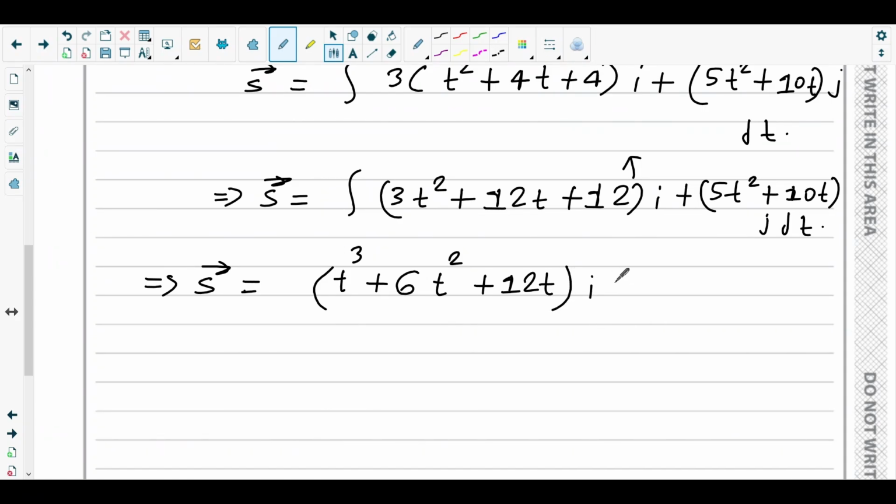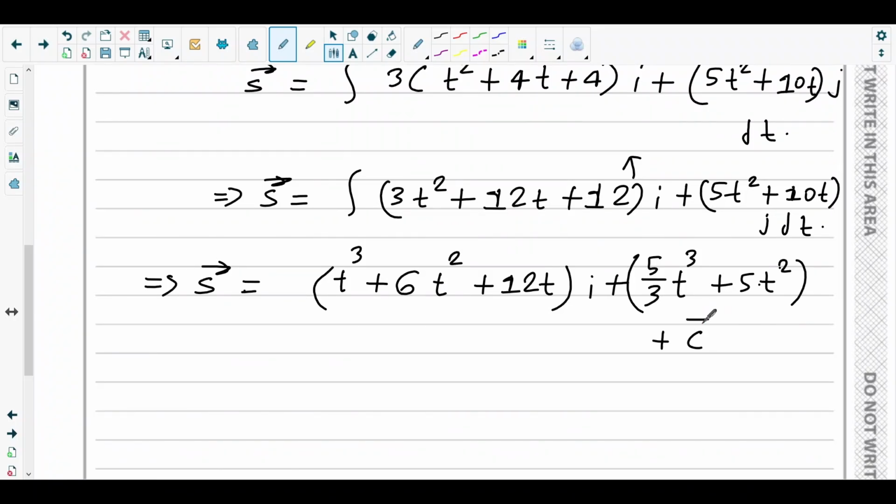Okay, i. Then 5t squared is there, so the power gets added by 1 and it becomes t cubed, so 5 over 3 t cubed, plus 5t squared, plus c.